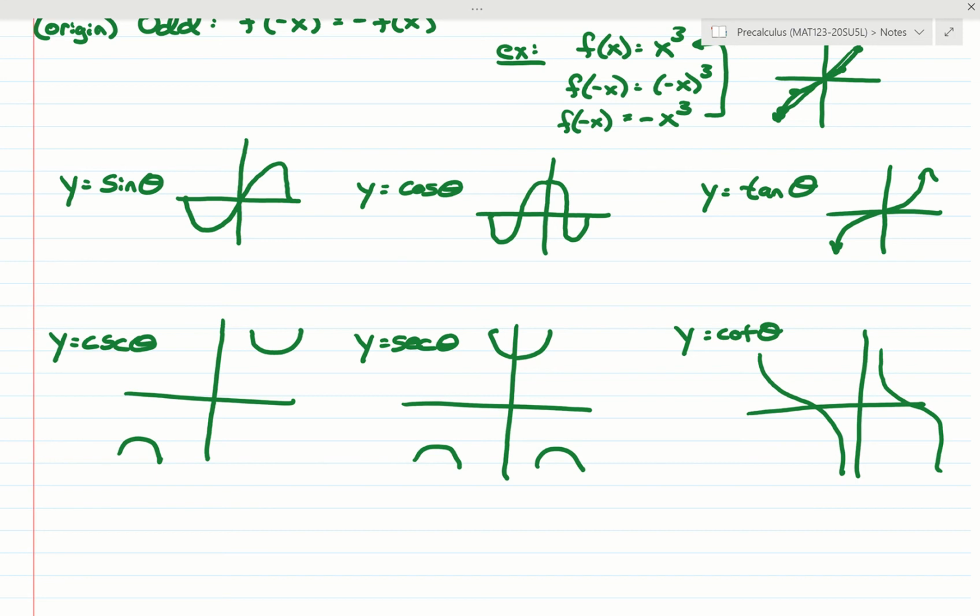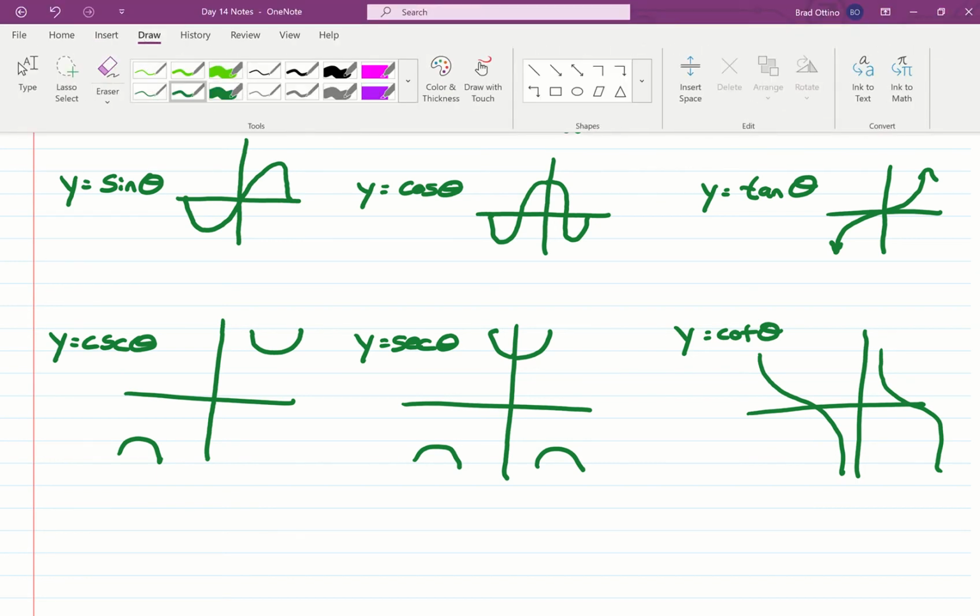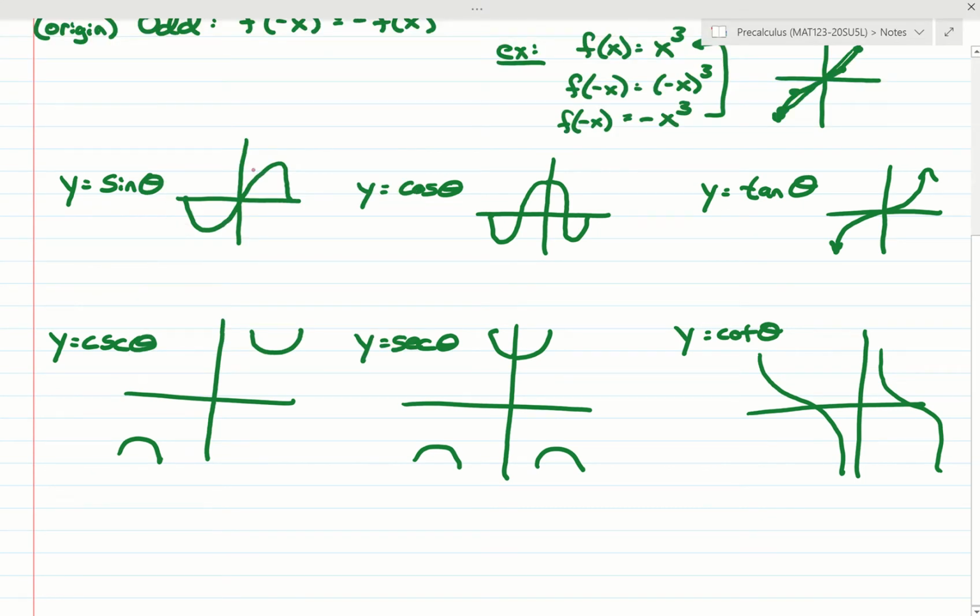All right, so now let's talk about the symmetries of those graphs. Well, sine is clearly an odd function. Maybe I'll show you in a different color here. Any point here, it's not symmetric to the y-axis because there's no point there. But if we do fold it over the origin, there is a point on the other side. So sine is odd, which means that the sine of negative theta is equal to the opposite of the sine of theta.